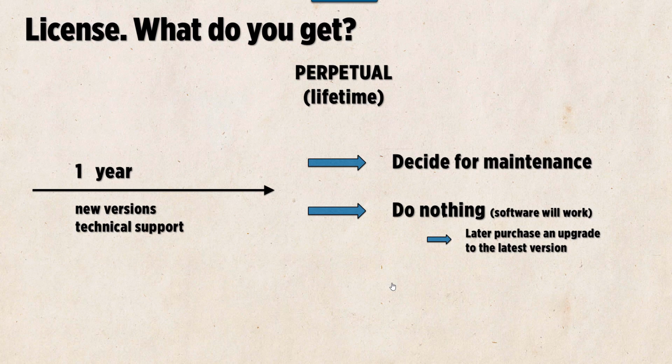And later, perhaps after some years, during that time we will develop a lot of new functionalities, buy an upgrade to newest version. If your computer breaks during that time, you will be provided the software version which was available at the time of end of the maintenance at no additional cost.